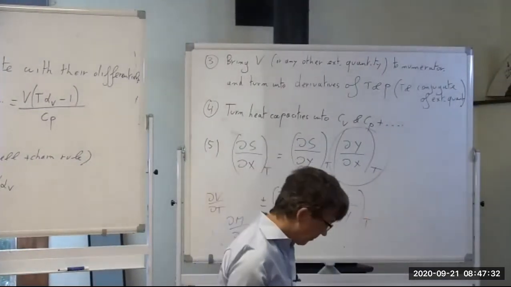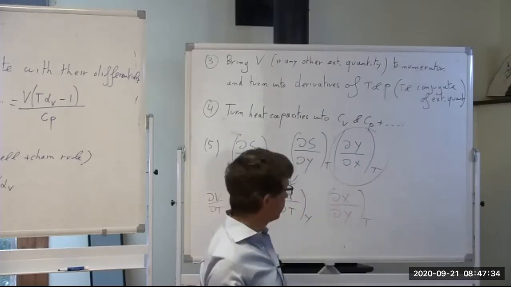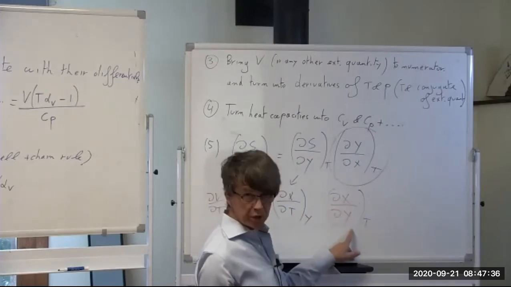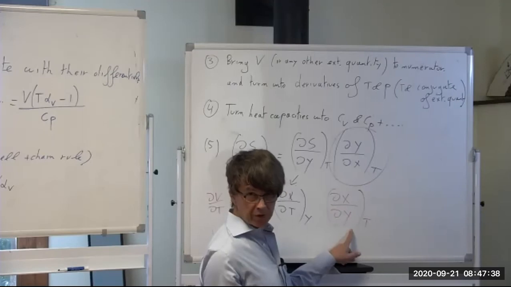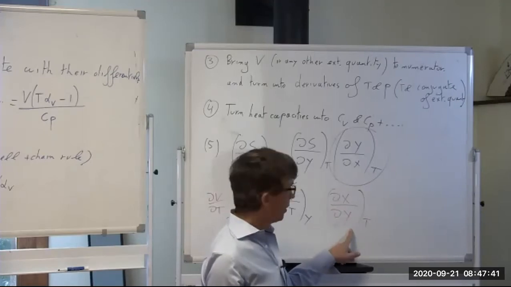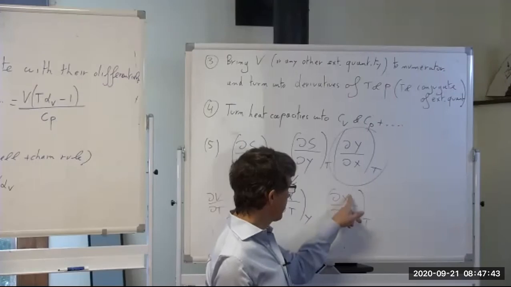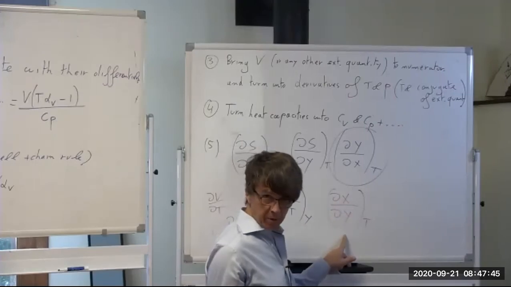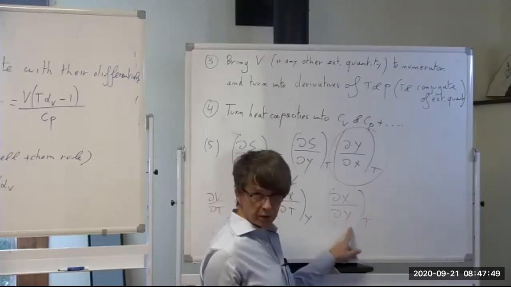That's typically specific to a field. So if I put volume and pressure here, that's compressibility. If I put strain and stress here, then that's a part of the elastic tensor. If I put magnetization and applied magnetic field here, then that's susceptibility.